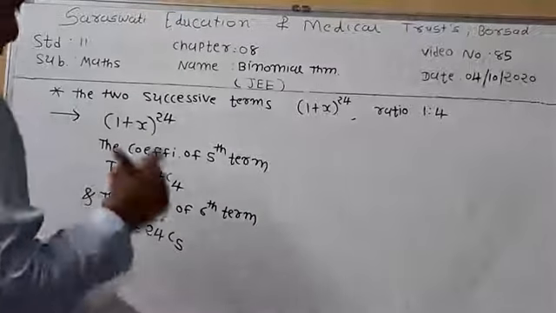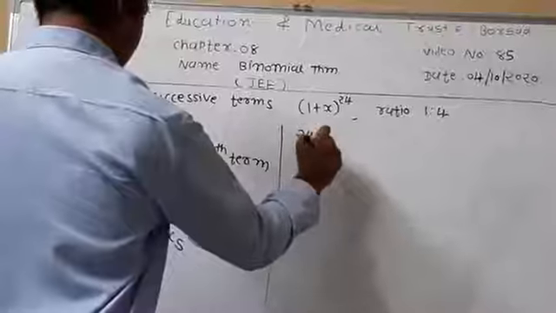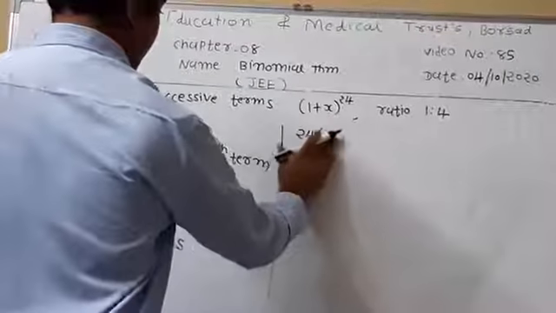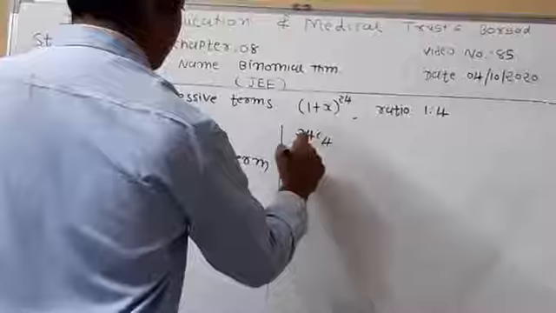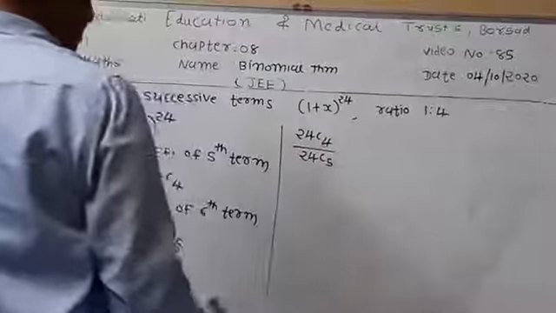Now we can take the ratio, so 24C4 upon 24C5. Now simplify this term.